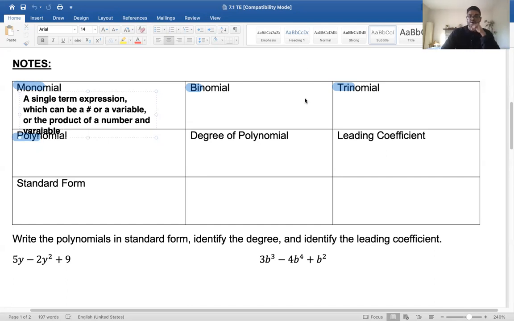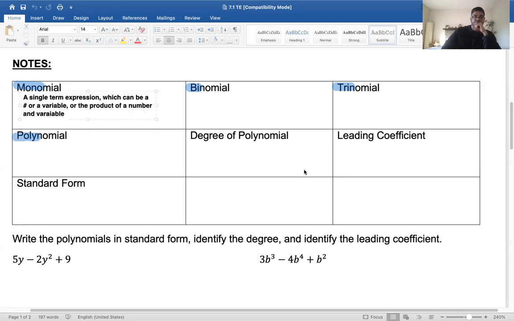So for example, 3. If I just use the number 3, that's a monomial. 3x, this is also a monomial. This is the product of a number and a variable. And also something like 1/2 a squared is also the product of a number and a variable. So these are all types of monomials. These are all one term.